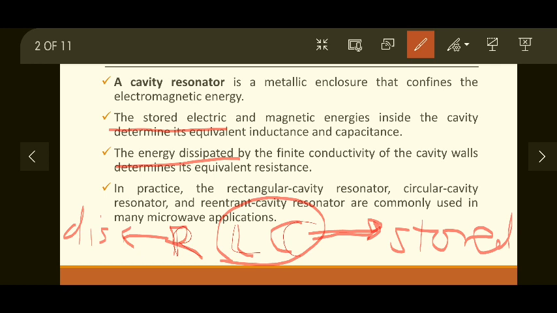At microwave frequency, simple R, L and C are not useful because these are lumped elements, and lumped elements do not work well at microwave frequency. This we have known since the beginning of this course. So RLC resonators are not used at microwave frequency.